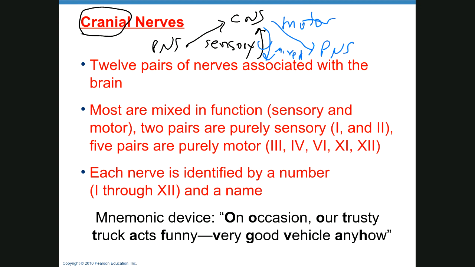We're going to go through the 12 pairs of nerves associated with the brain, and we're going to point out which ones are sensory, which ones are motor, which ones are mixed. Okay. Each nerve is identified by a number and by a name, and you need to know both. The number is typically written in Roman numerals.